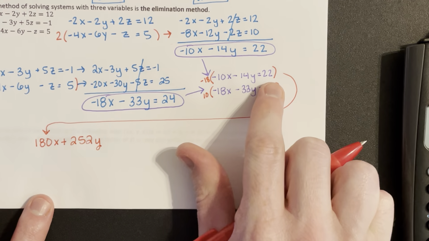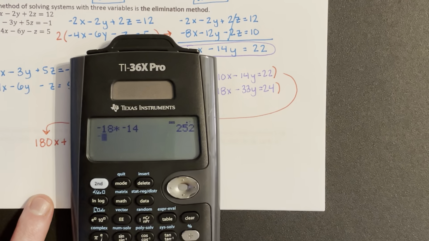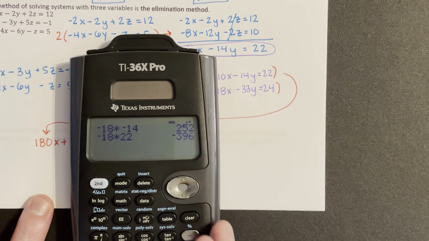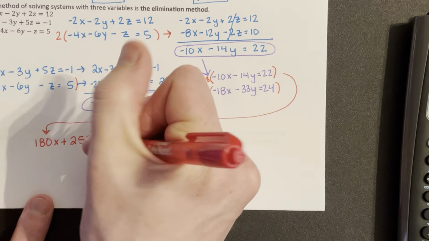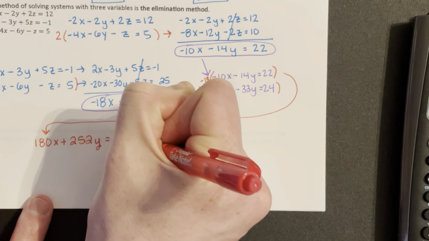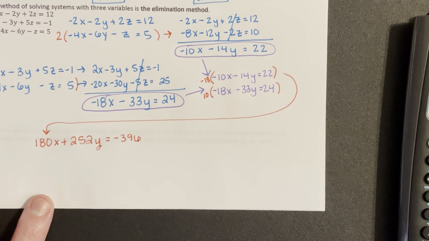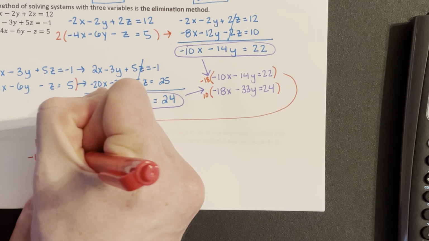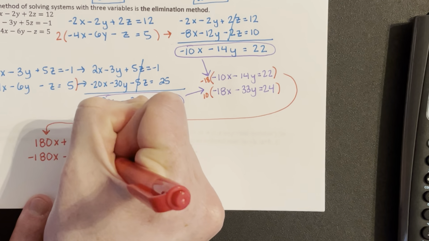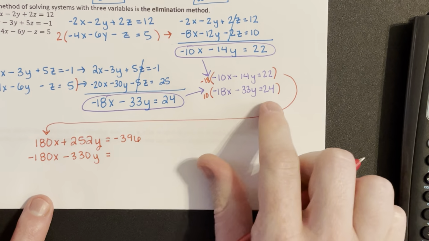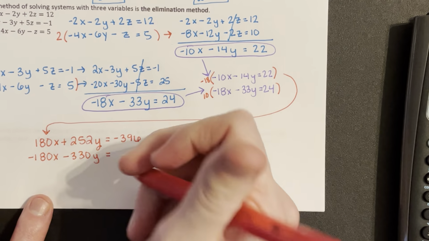And then negative 18 times 22 is negative 396. Then we multiply the bottom one by 10, so negative 180x. 10 times negative 33 is negative 330y. And 10 times 24 is 240.